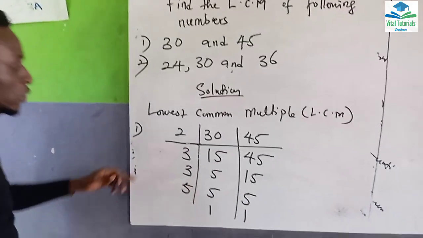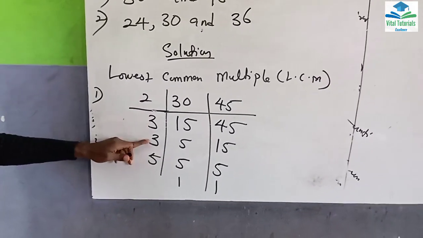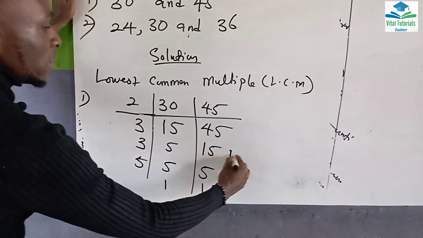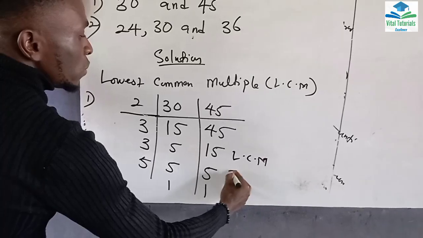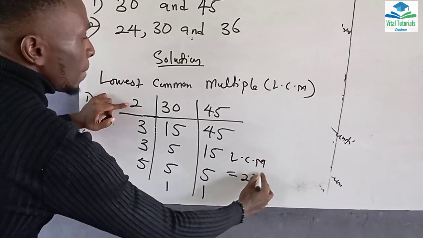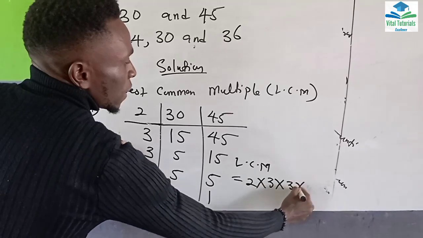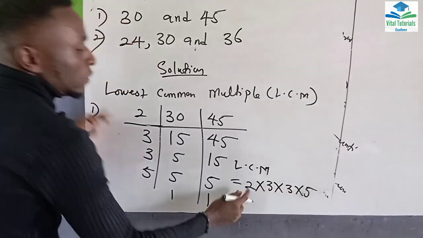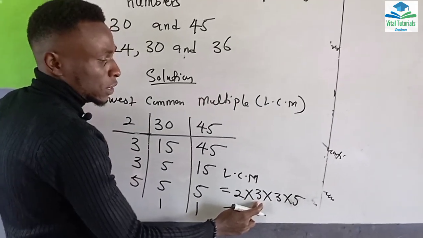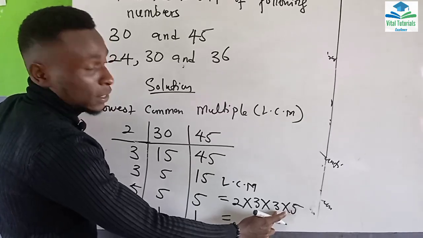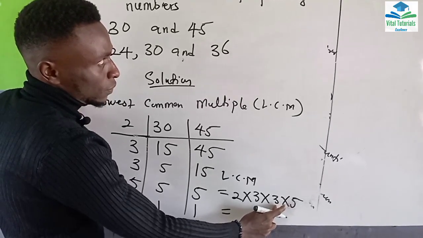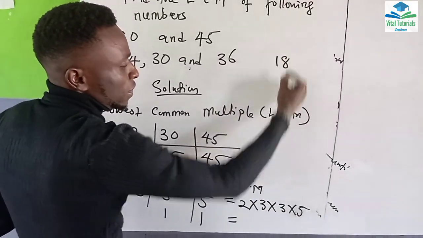Therefore, for you to find the LCM, just multiply the numbers on the side. LCM is equal to this 2 here times this 3 here times this 3 here times 5. Now, 2 times 3 will give you 6. 6 times 3 will give you 18.